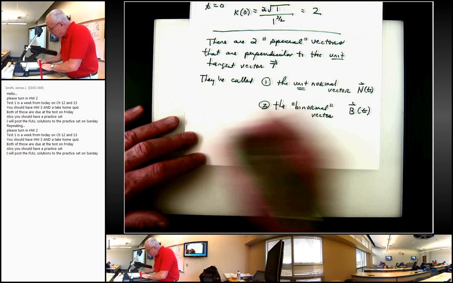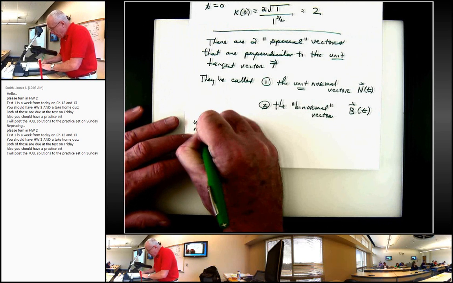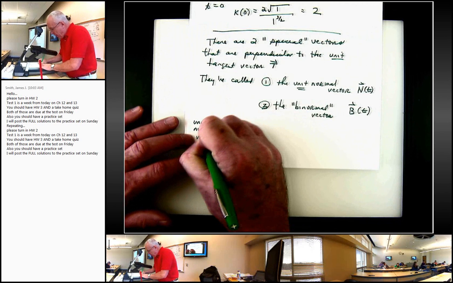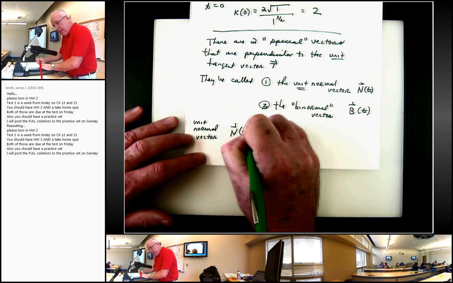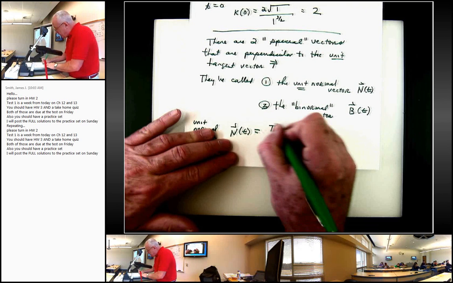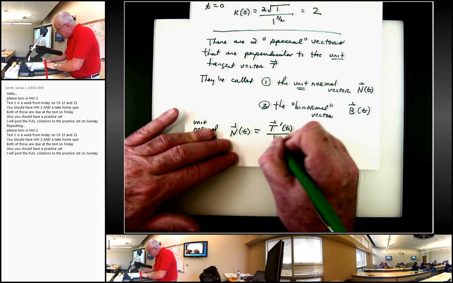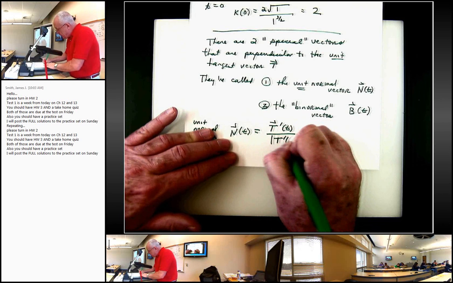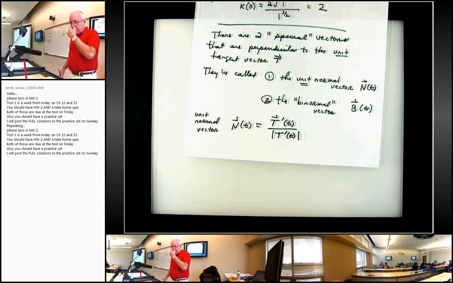The unit normal vector, which is capital N of t, is defined this way. It is the derivative of our unit tangent vector divided by the magnitude of that derivative of the unit tangent vector.